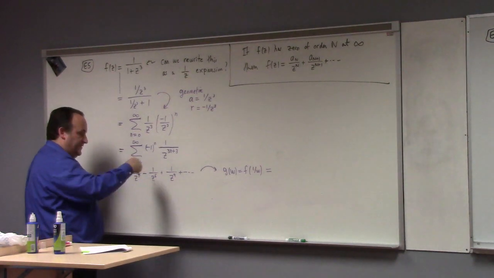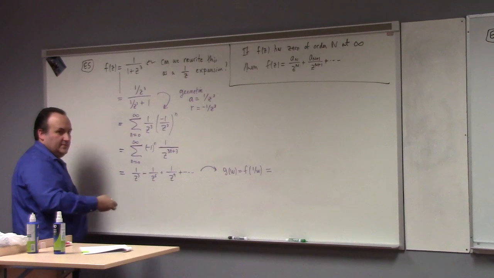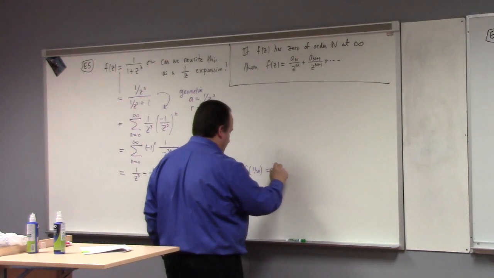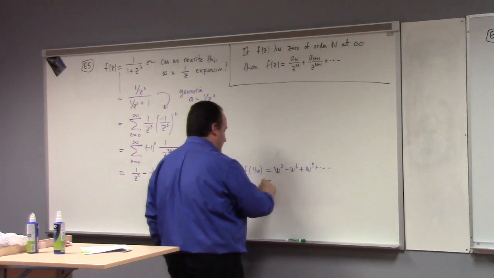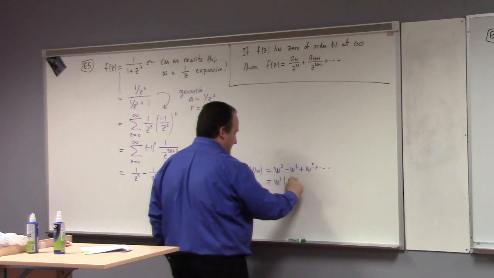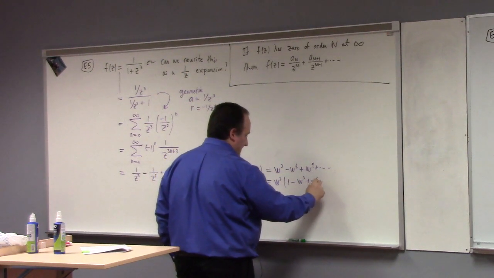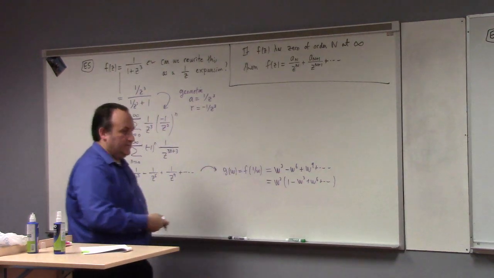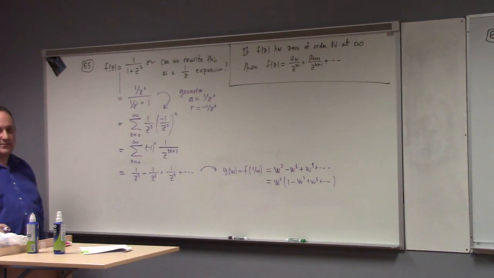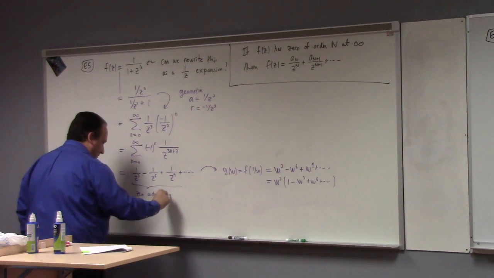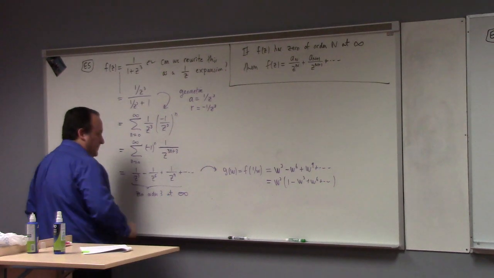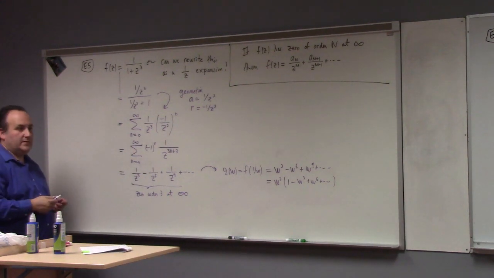You see, just plug 1 over w into here, what do you get? You get, yeah, w cubed minus w to the 6th plus w to the 9th and so forth, right? Which, of course, we could easily factor a w cubed out of to see that it has a 0 of order 3 at w equal to 0, corresponding to this showing me we have a 0 of order 3 at infinity. But I can see it directly from this right here.